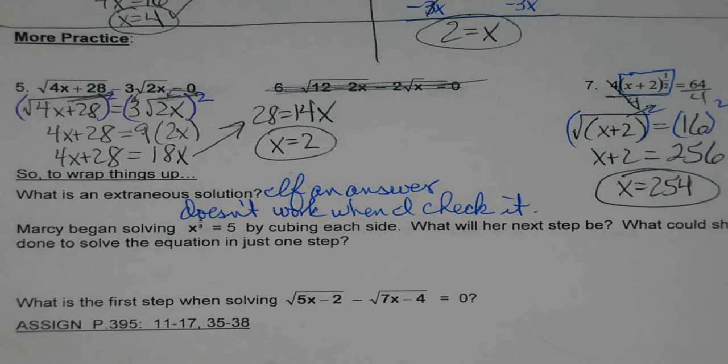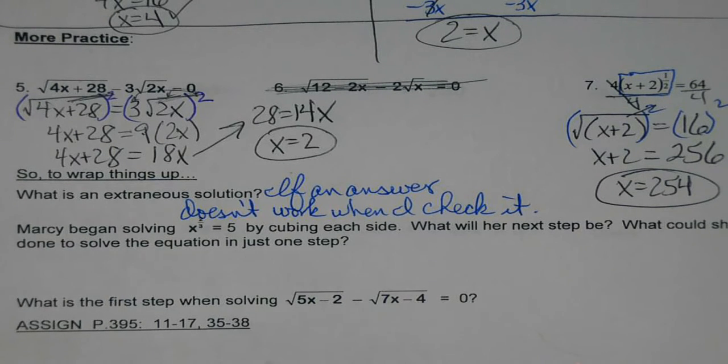Now that's assuming I did all my math work right. Okay, if I get an answer wrong because my math work wasn't right, that's not an extraneous solution. That's just an error, and that happens. But if an answer I get after doing my math work right doesn't work, that would be extraneous. Okay?